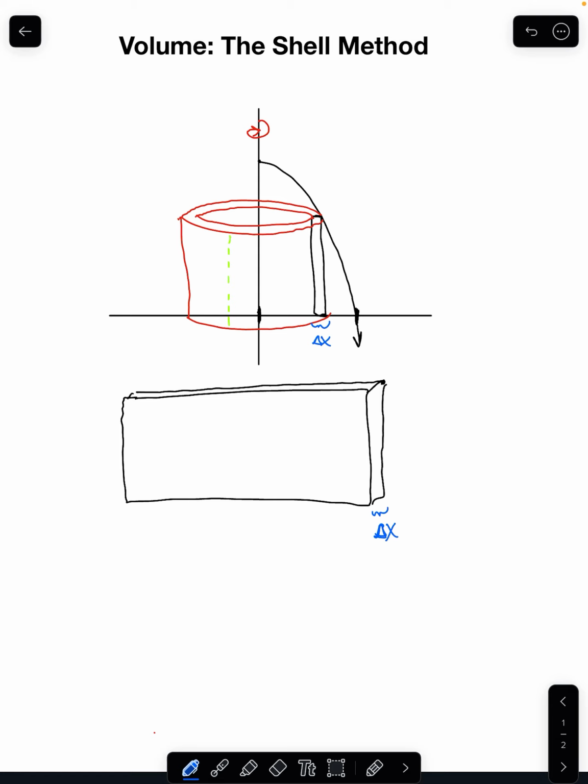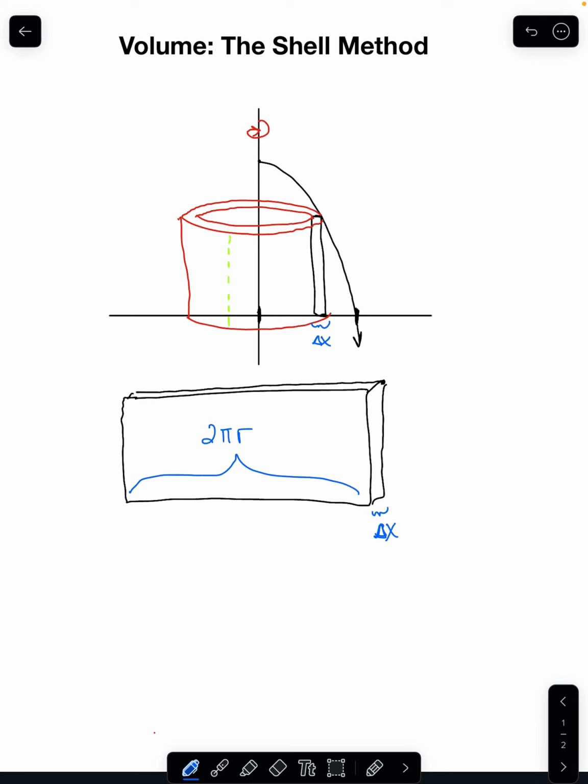Meaning that when we unroll this, we don't have to consider the inner surface and the outer surface to have two different measurements. We can consider them to have the same measurement. And that measurement is equal to 2 pi r, the circumference of the circle.